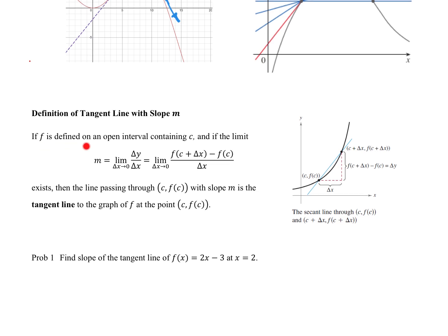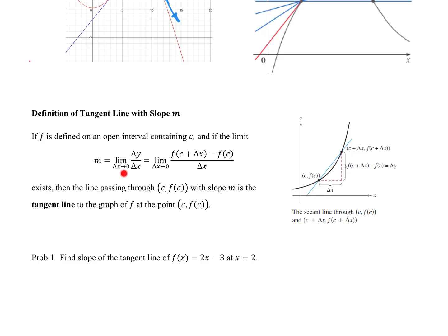if f is defined on an open interval containing c, and if the following limit exists. Now let's take a look at this limit. This limit is the ratio of delta y and delta x, where delta y represents the change in y and delta x the change in x.